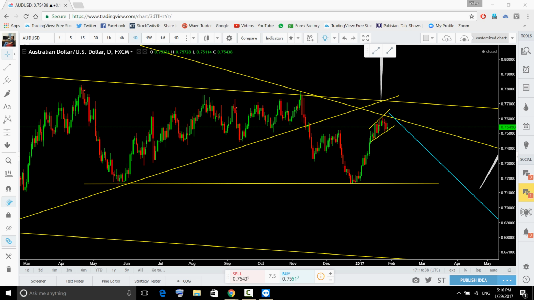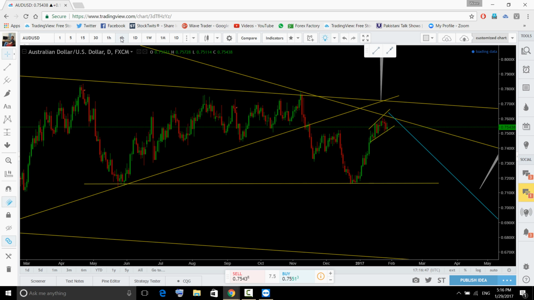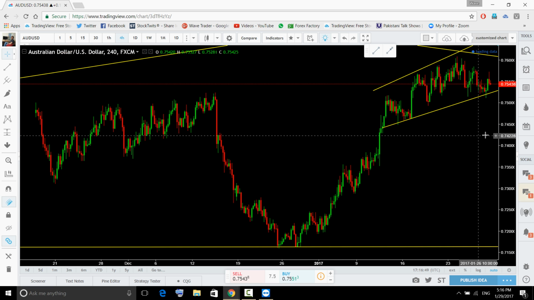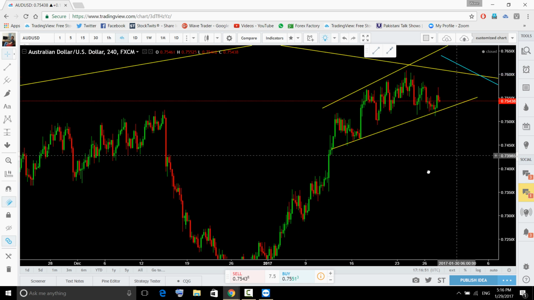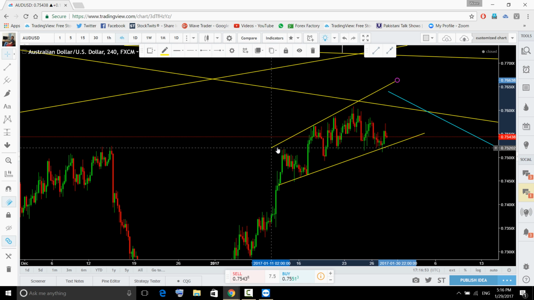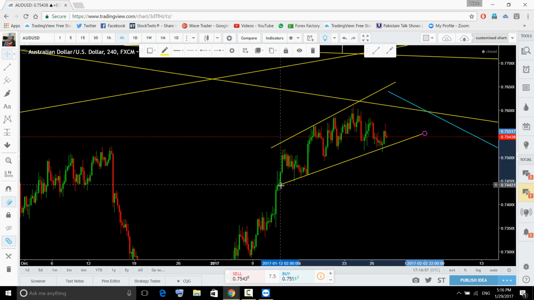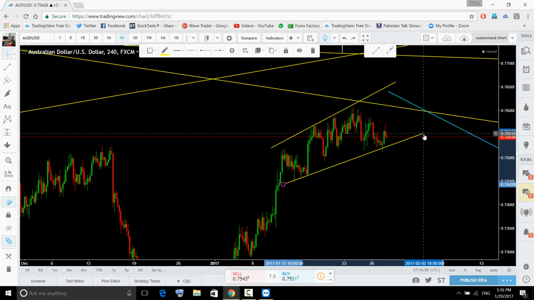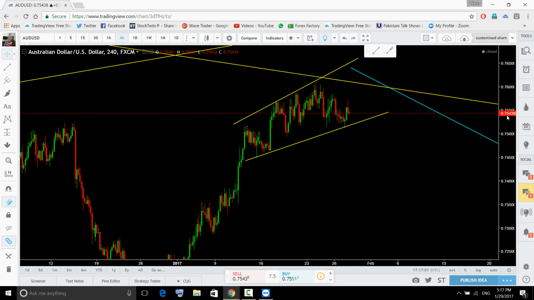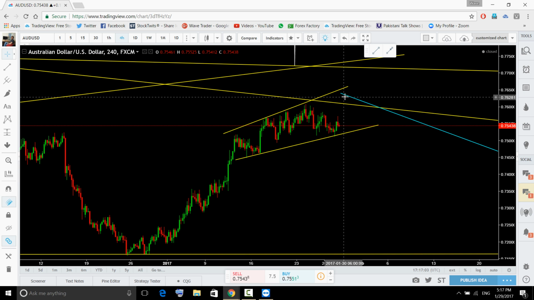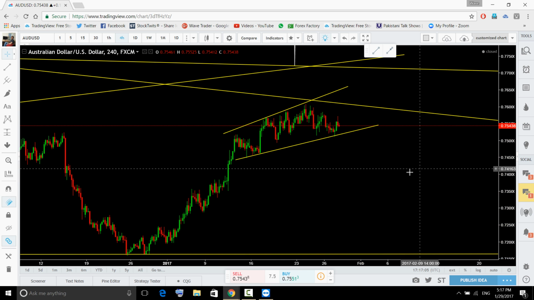Now we can see price resisting at this place and forming a trend reversal channel. This is the trend reversal channel I just talked about on the weekly time frame, and showed you on the 4-hour time frame just before.